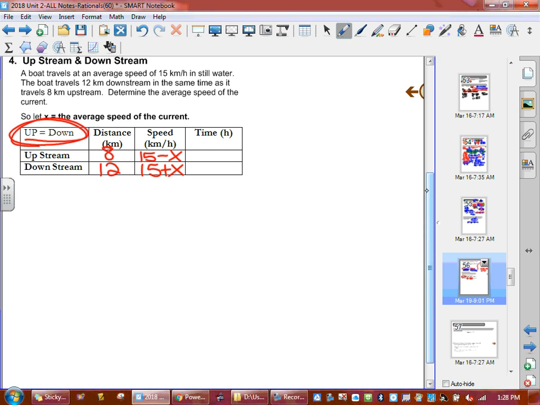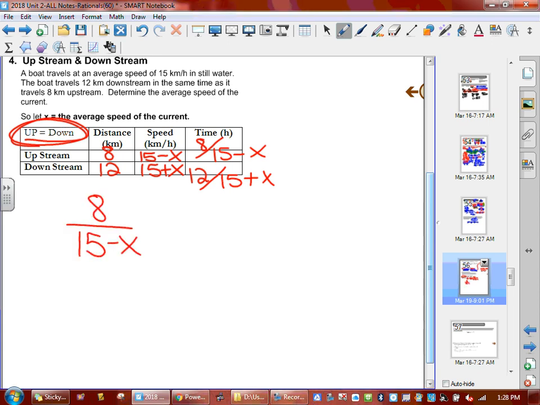The time frame is just distance over speed. So this guy now is going to be 8 over 15 subtract x, and here is 12 over 15 plus x. And now you've got one equation equaling the other. Upstream, 8 over 15 minus x, equaling downstream, 12 over 15 plus x. So that's how we would set it up to start.